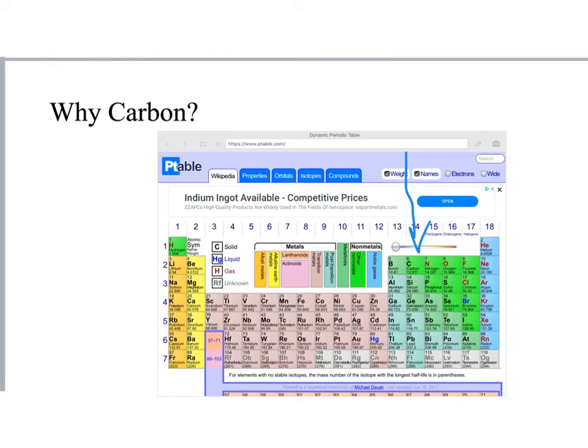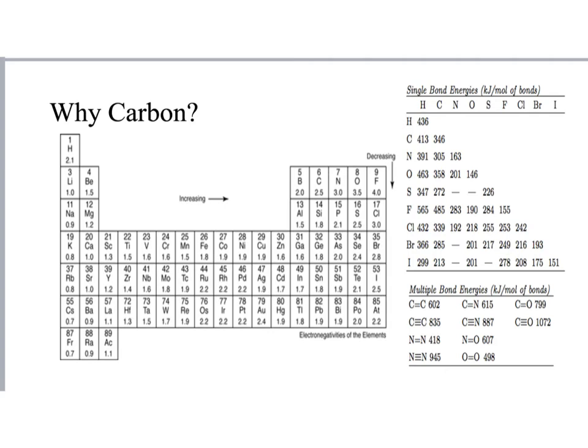When you also look at electronegativity values, the periodic table shown there shows electronegativity values, and you can see carbon's got a value of 2.5, which is a pretty average kind of value. And so carbon bonds with other elements tend to be non-polar or only have a small polarity, and therefore carbon forms very stable covalent bonds.